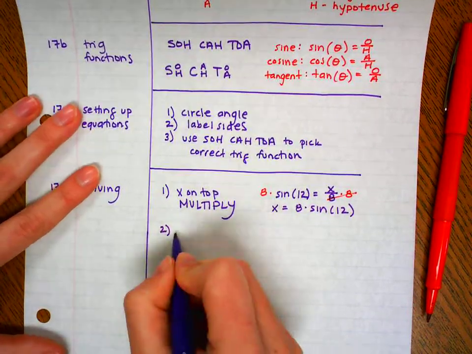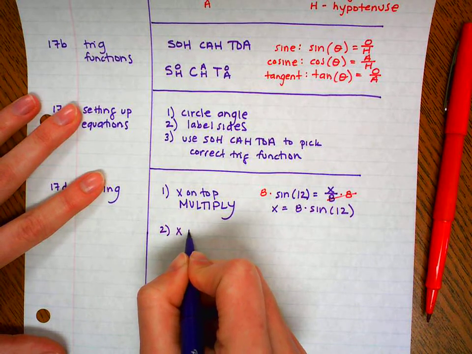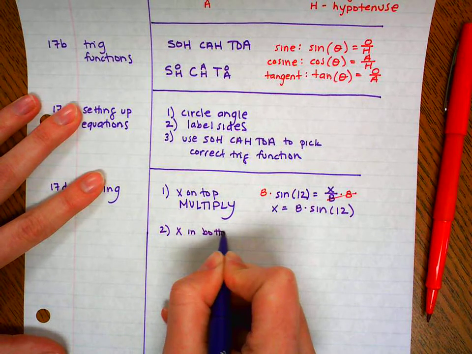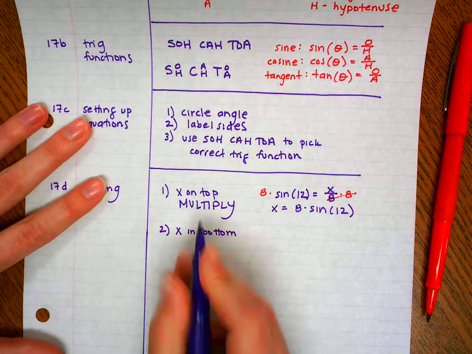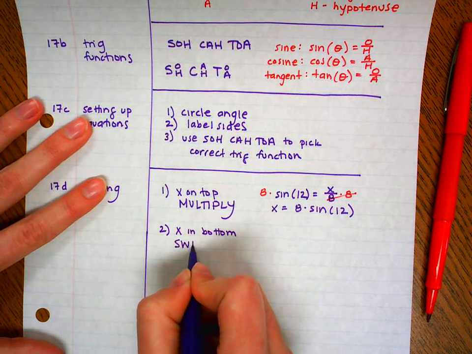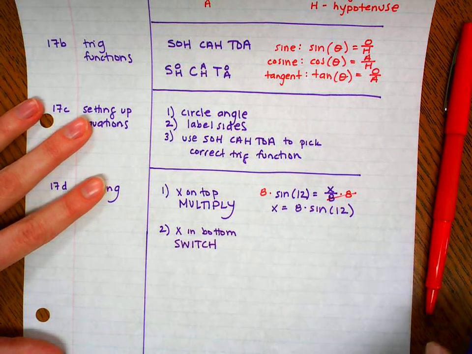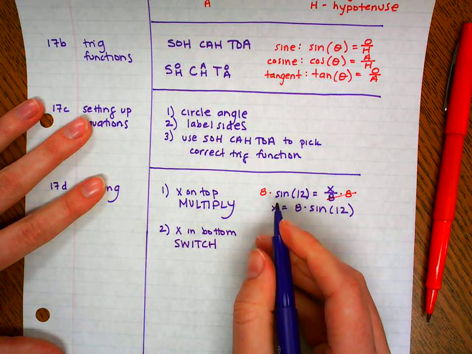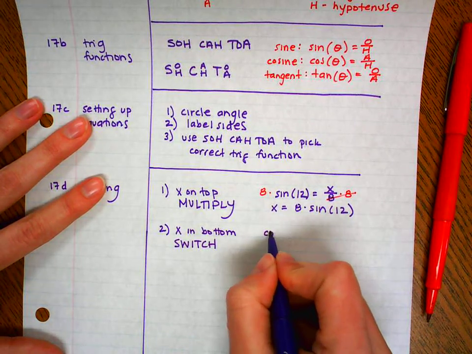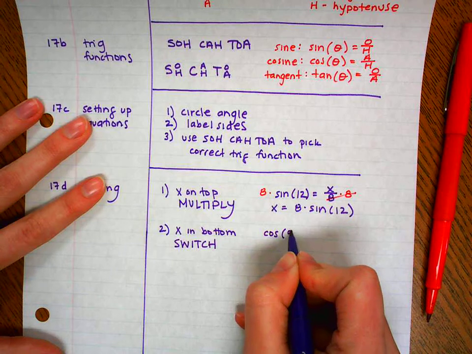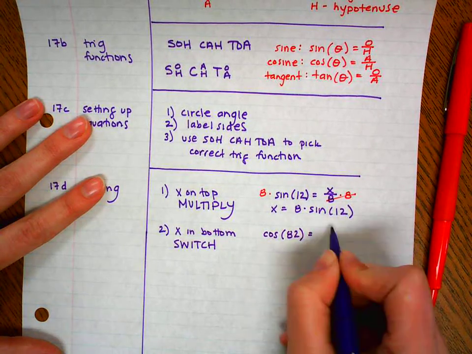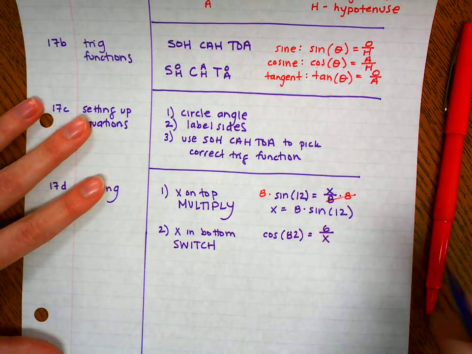The second case is when x is in the bottom. And this is when we do the switcheroo or the switch. So for instance, let's say that we have cosine of 82 is equal to 6 over x.